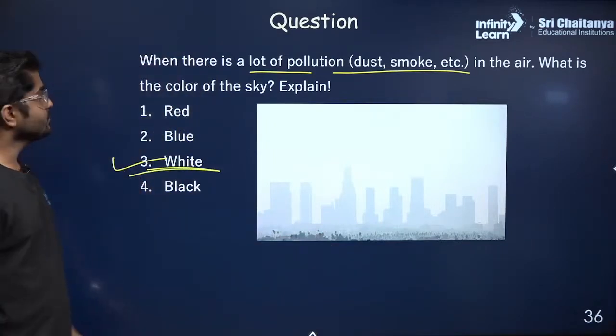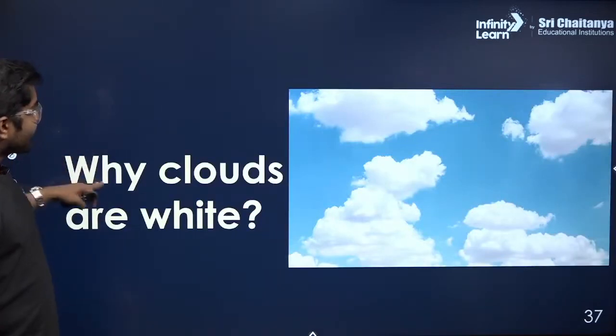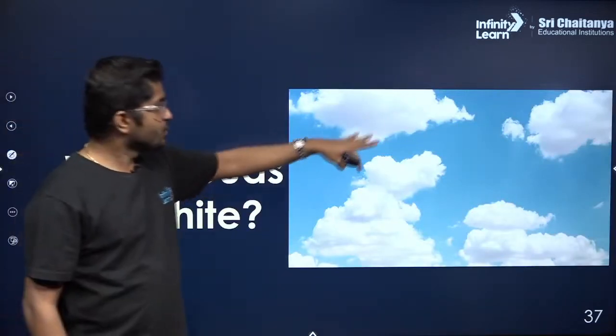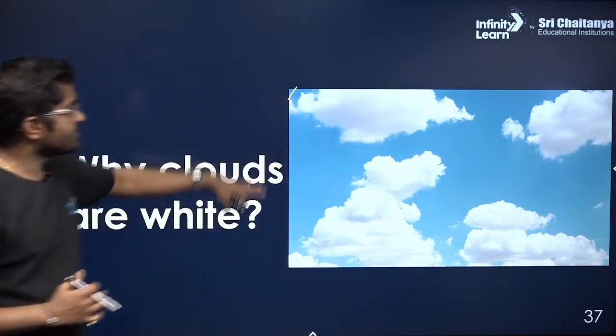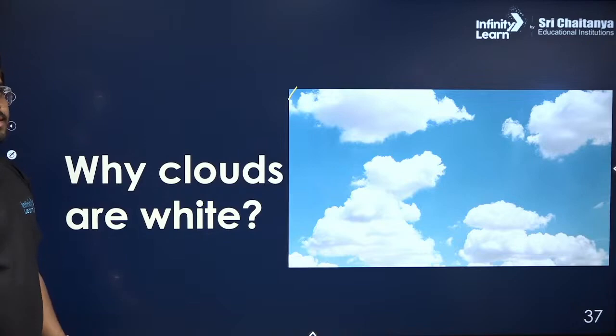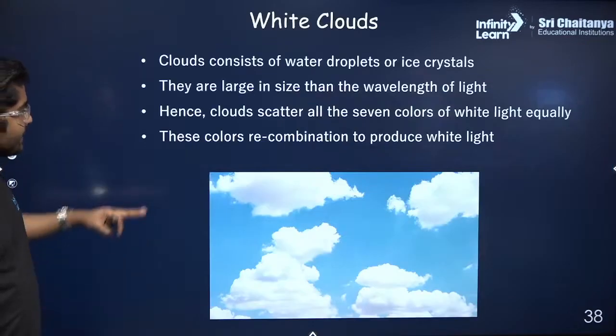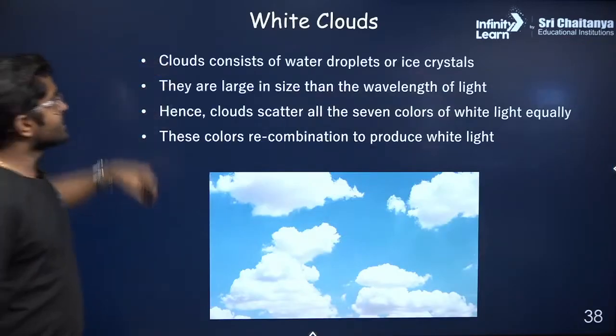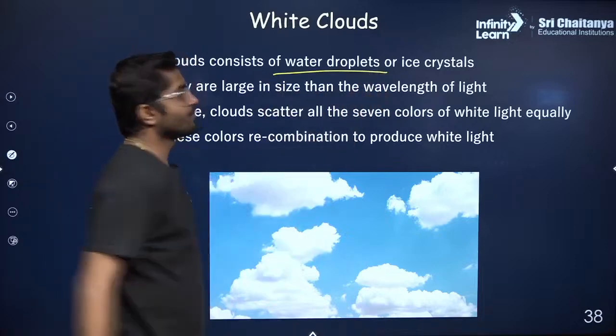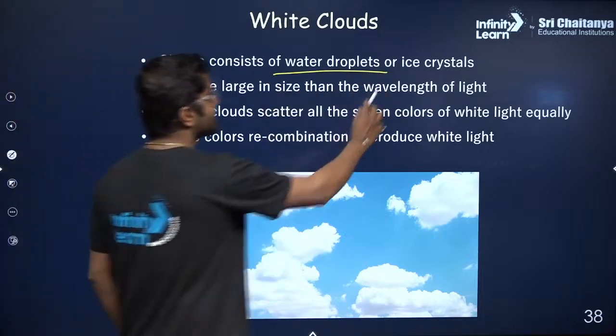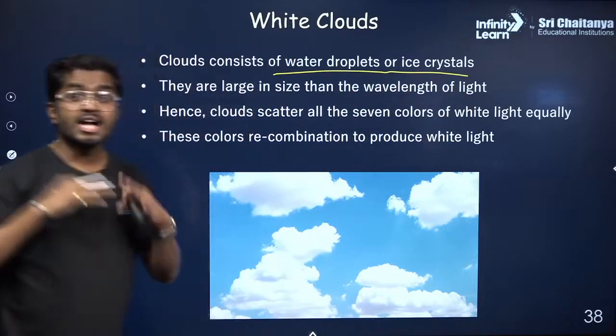Understood? Next one, why are the clouds white in color? You see the clouds like cotton, perfectly white in color. Why is the color white? And the reason for that, the clouds consist of water droplets and ice crystals. So these are large particles.